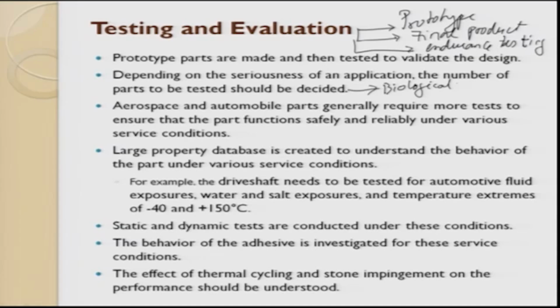For example, for differently abled people, a lot of aids are getting developed to make their life more comfortable. The crutches, the wheelchair, all these things are nowadays developed in composite so that they are light in weight. So here they try to do field testing, and these tests are very critical.